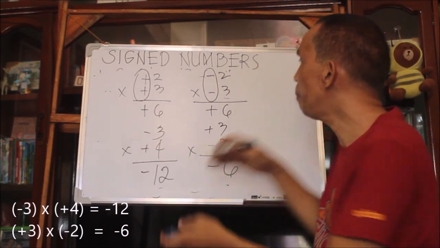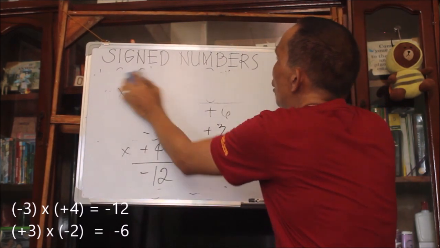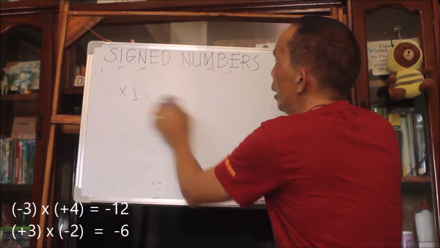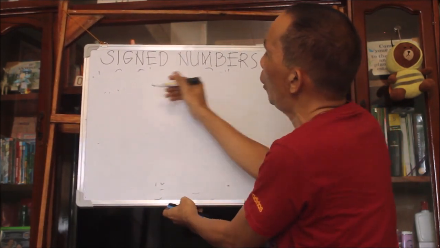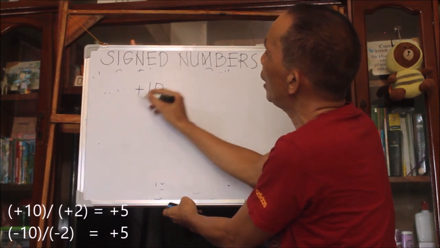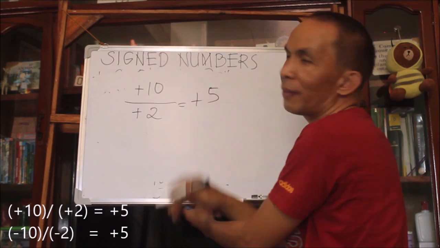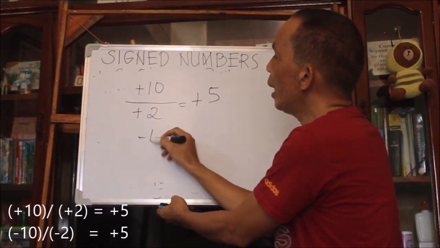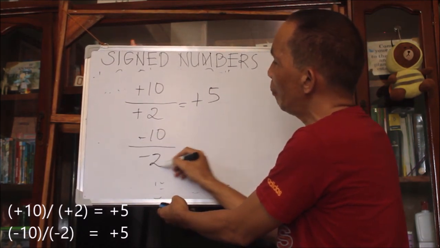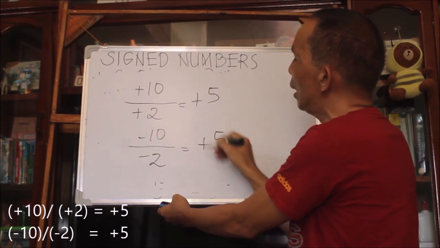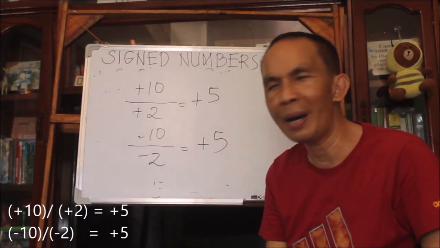Okay? So the same in division. For example, positive 10 divided by positive 2, the answer is positive 5. Or negative 10 divided by negative 2, the answer is still positive 5.